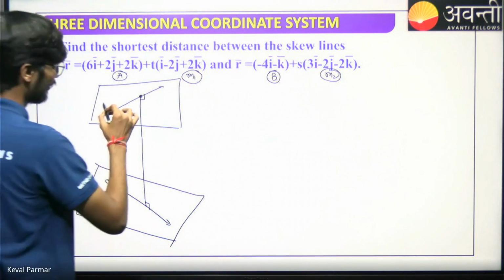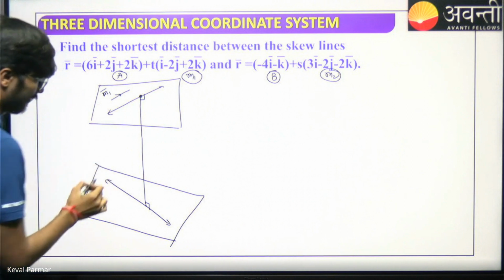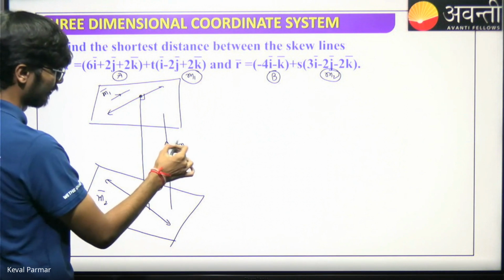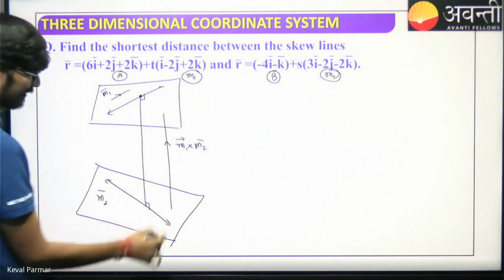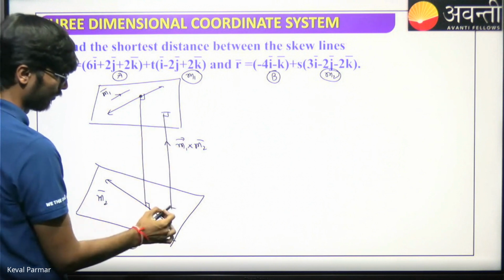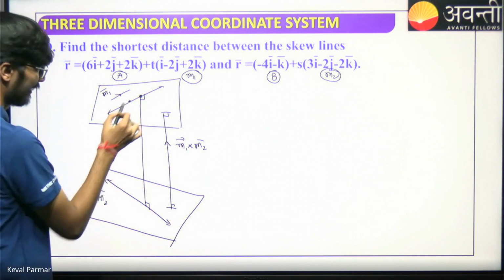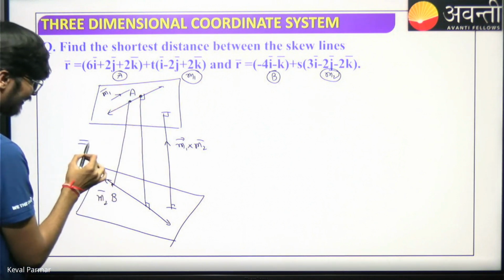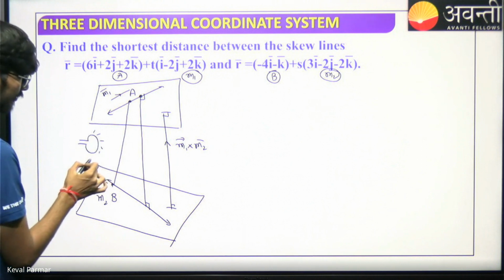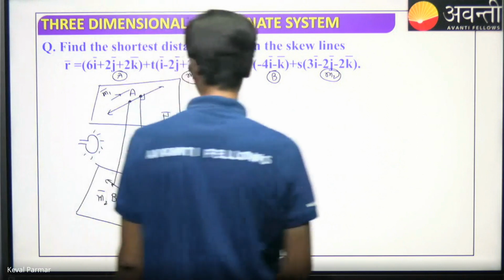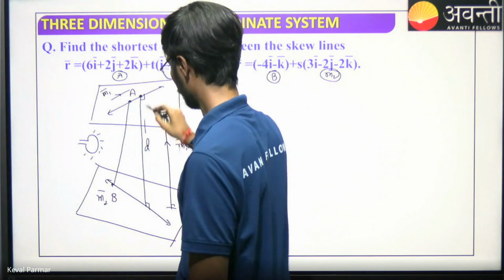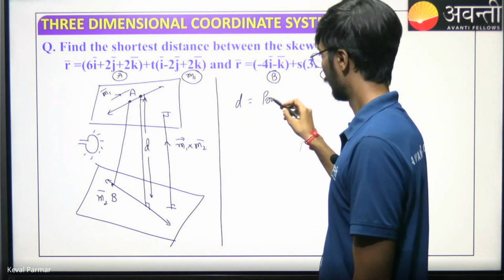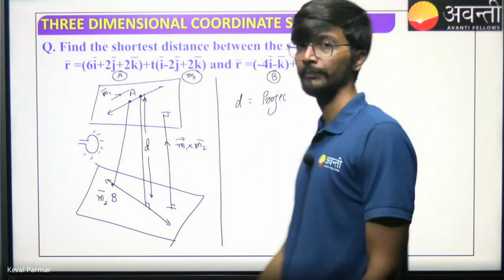So this will be M1 vector, this will be M2 vector. Now, if I take M1 vector cross M2 vector, then I'll get the vector which is perpendicular to both, right? And let's say this is point A, this is point B. If I join point A and point B and draw a torch here, you can see the shortest distance D is basically the projection. Projection means shadow.